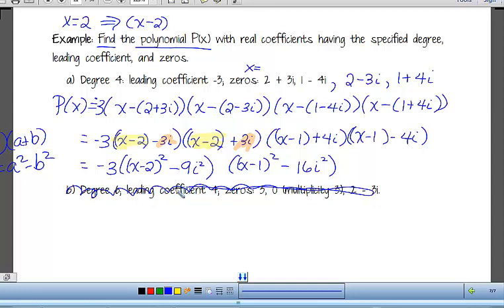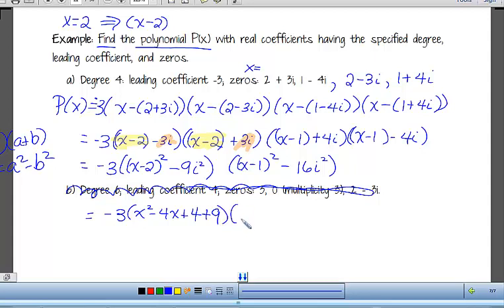Everybody okay with that? All right, if we clean that up a little bit, this is negative 3. x minus 2 squared is what? x squared minus 4x plus 4, minus 9i squared is what? Well, no. What's 9i squared? i squared is negative 1, and negative 1 times 9 is negative 9. We already had a minus here, so it's plus 9.